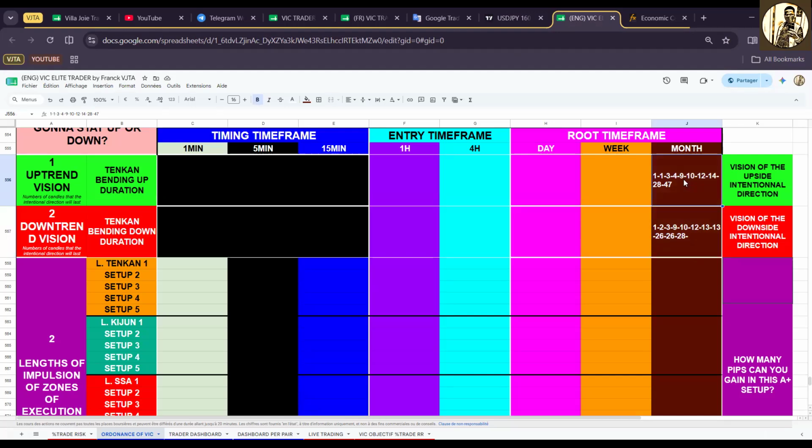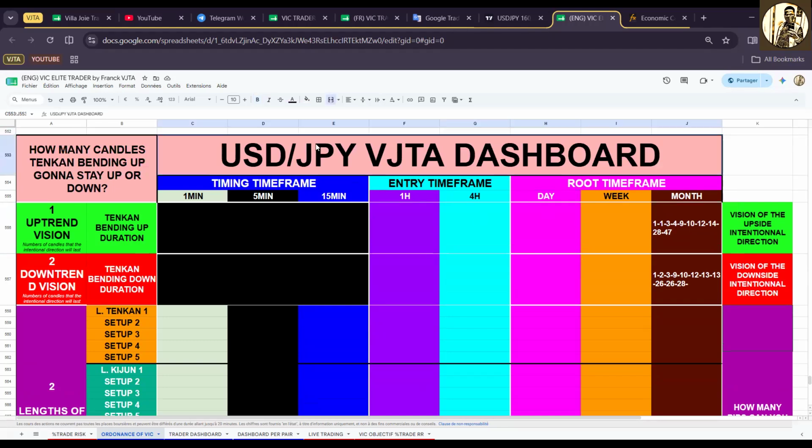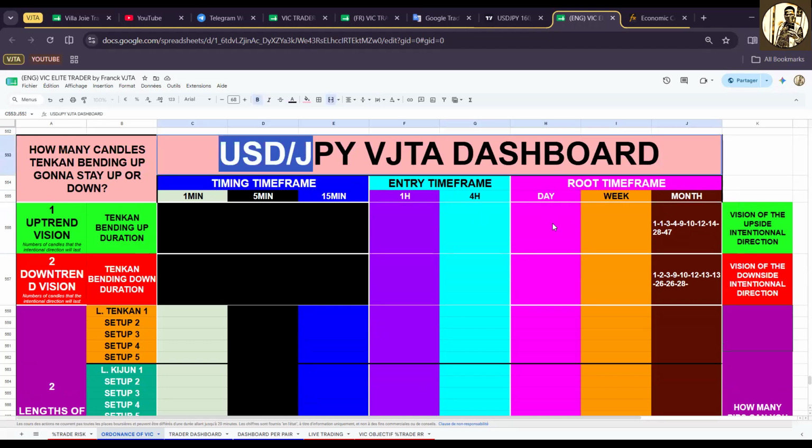It teaches you that when Tenkan starts to become a little bit longer for the uptrend, Tenkan goes up until 47 months. 47 months is almost 5 years already. But on average, the USDJPY, and we are doing this on USDJPY, by the way, as you did not mention it, but it's on USDJPY.